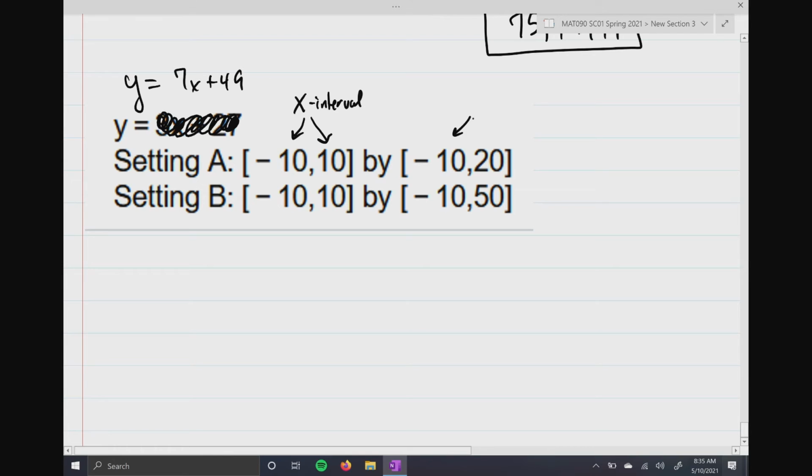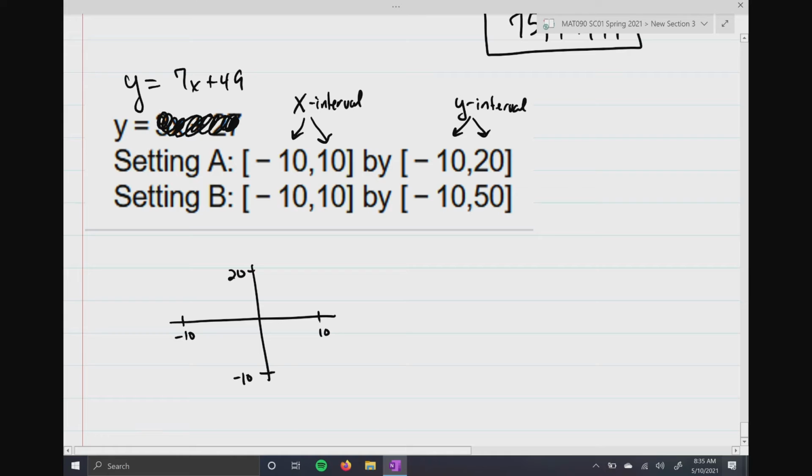These numbers are your y interval. Okay? So that means if I were to use setting A, I would go from negative 10 to positive 10 on the x-axis, but then the y-axis would be negative 10 to 20. Now, look at our problem.